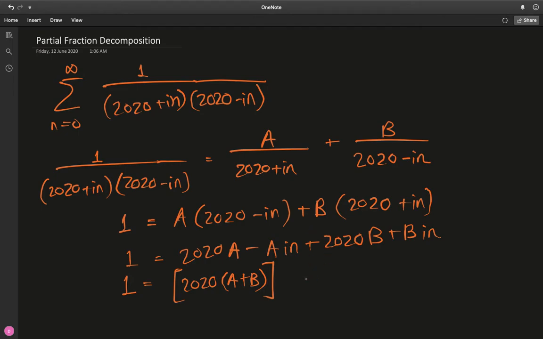And the variable terms, basically n, because that was the variable, can be written as ib minus ia.